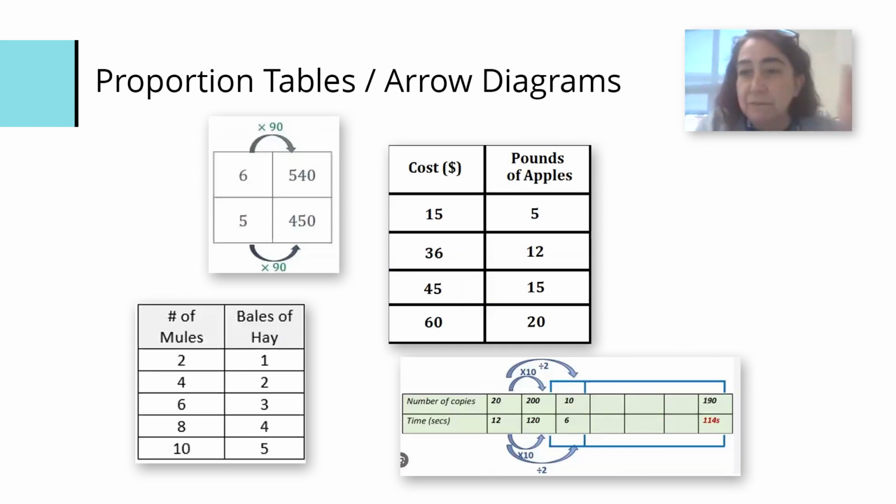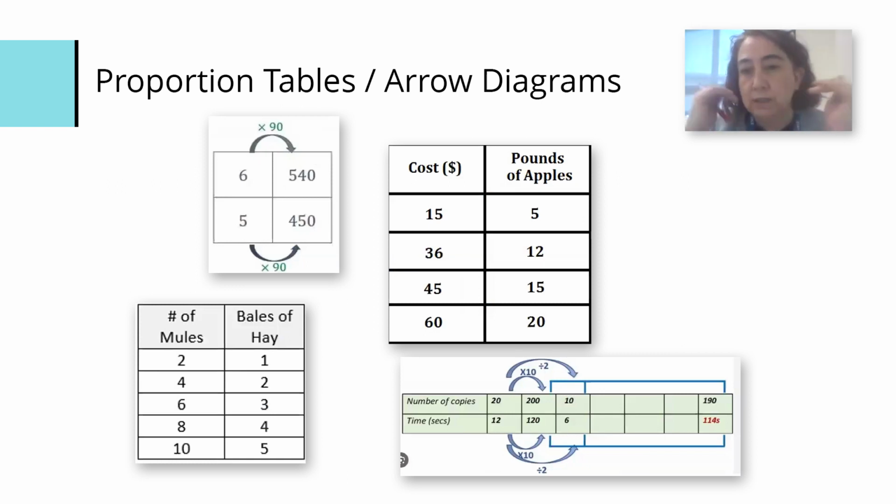It doesn't have to be drawn in a table. Mine rarely are in a table with boxes, because kids ask, oh, do I have to draw a table? No, you just have to write. And one of the things I have learned in the latter years is that with things like £5 of apples, I will include units.